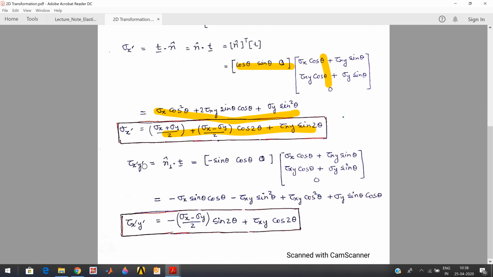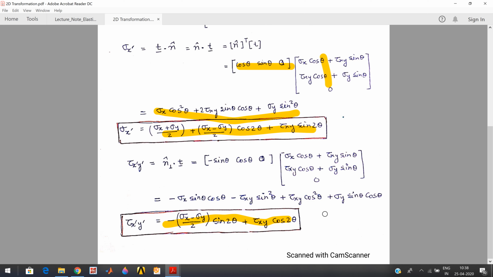Similarly, if I want to find tau x prime y prime, then the traction vector has to be dotted with the n hat perpendicular vector, because it is the component of the traction vector along n hat perpendicular. That's what tau x prime y prime is. So if we do that, we will see that tau x prime y prime comes out to be this.